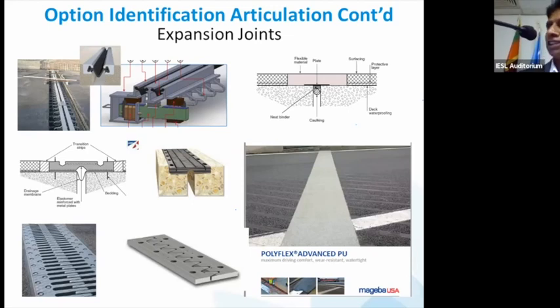In Sri Lanka, I think in most of the expressway systems, we use either strip seals or this rubber type of expansion joint, right? Now, one picture that I want to show you, the top one: say your span is about 150, 160, something like that, then you have to have modular joints. You have to have a number of them, because otherwise you cannot cater for that movement, right? That is also a decision you have to take while doing the design.